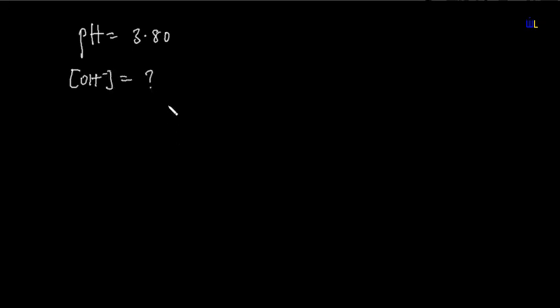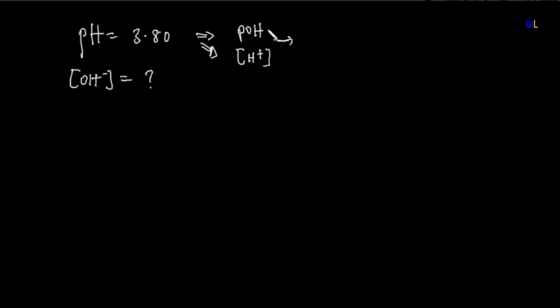Now this is very simple. I told you that you use pH to find two things. You can use pH to find pOH, and you can also use pH to find the concentration of hydrogen ion. Those are the two things you can use pH to find.